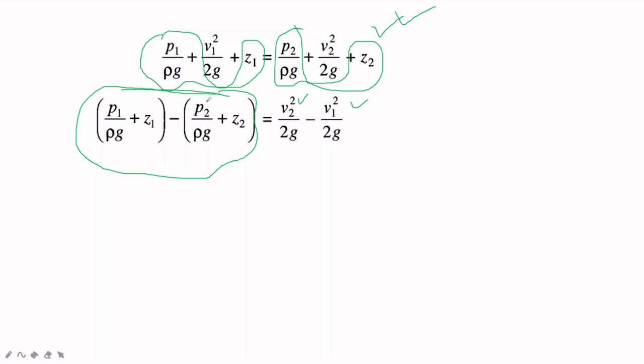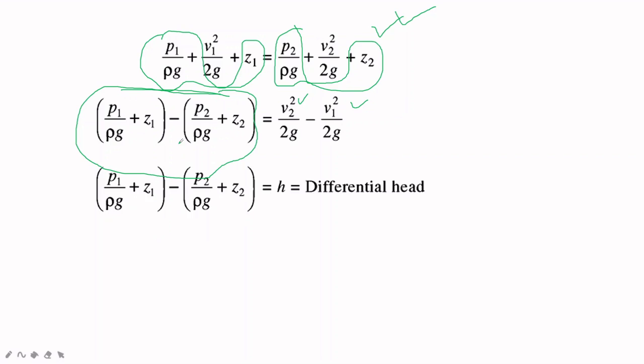So P1 by rho g plus Z1 minus P2 by rho g plus Z2 is equal to H. It is the differential head. As it is horizontal, we could take Z1 equal to Z2 and cancel them. No, here that will not happen because the water will flow like this. There is a plate. It has a different theory, we will discuss it sometime.